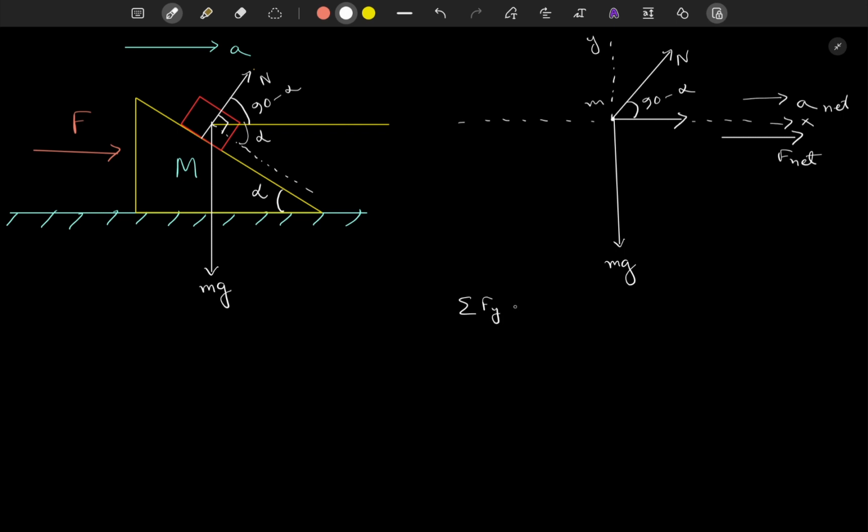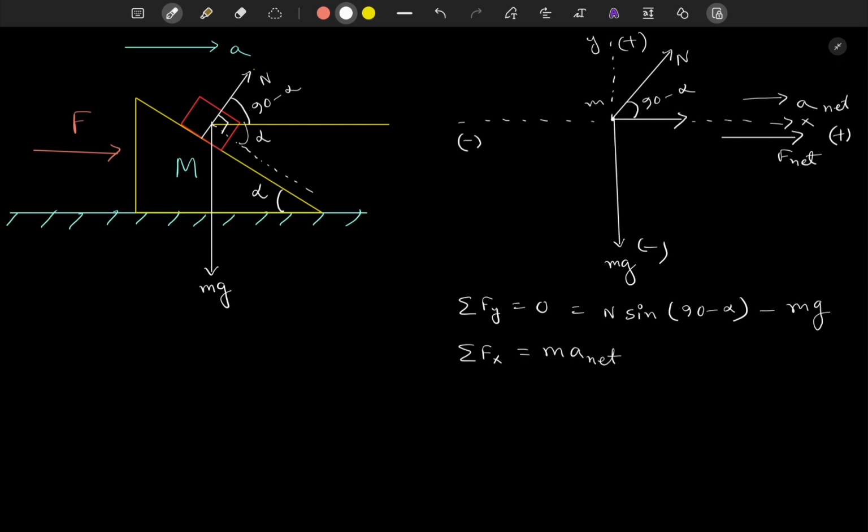Summation of F_y is equal to 0, which means that if we consider upward to be positive and downward to be negative, then the vertical component of N will be neutralizing the weight mg, and summation of F_x should be equal to m a net.